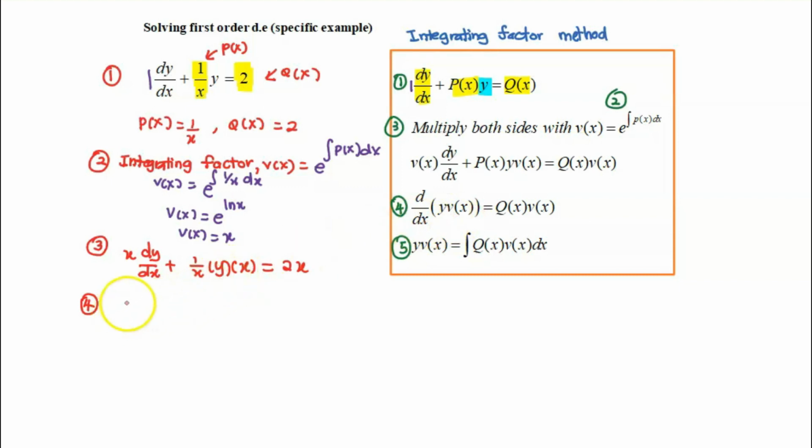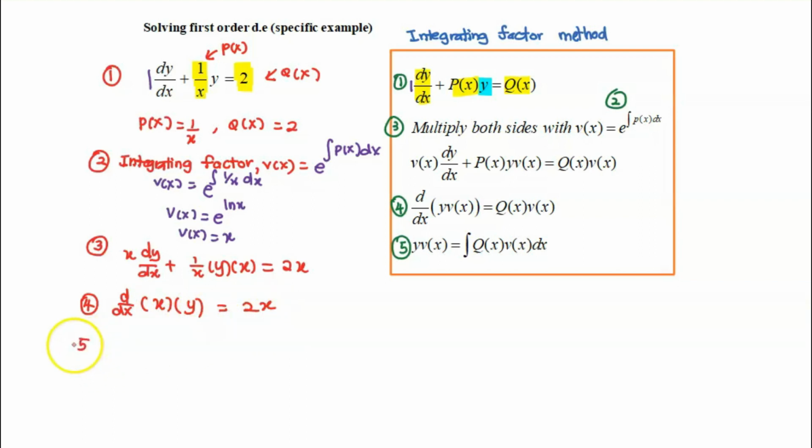So, in this case, we have d over dx of V of x times y. We have the term V of x, which is x, multiplied with y, the dependent variable of this question, equals the right hand side, q of x, which is 2, multiplied by V of x, which is x. So we have d over dx of x times y equals 2x.